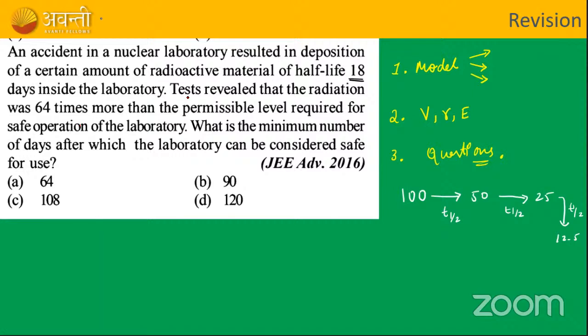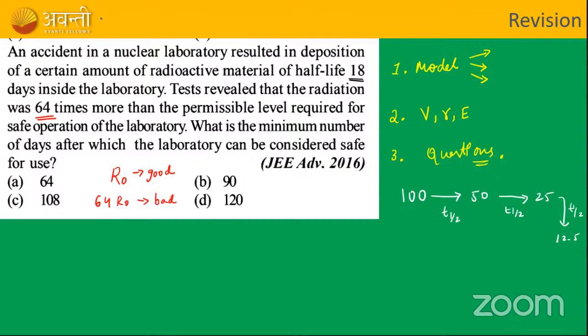Tests revealed that the radiation was 64 times more than the permissible level. Initially, to stay comfortably in the room, the radiation would be taken as R naught. But now I have 64 times R naught, which is very bad to stay in because there is a lot of radiation.